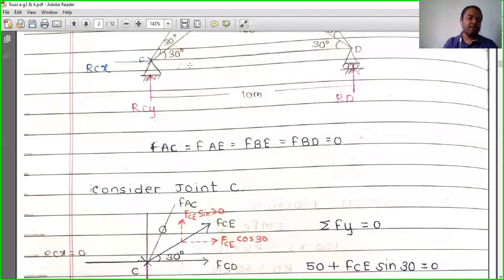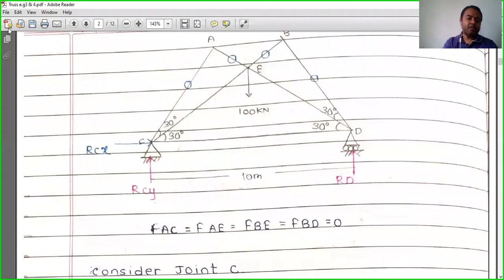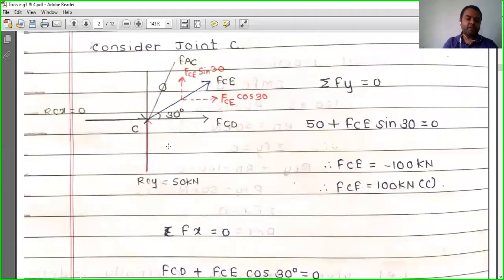I have drawn here the FBD of joint C, which means just consider this original diagram and cut this joint at C. Then show the forces and the members meeting at joint C. So here we have completed this free body diagram.